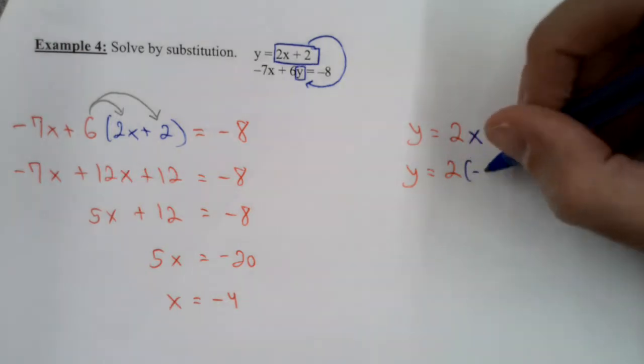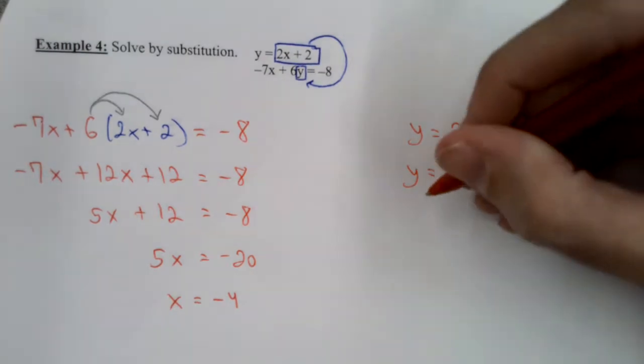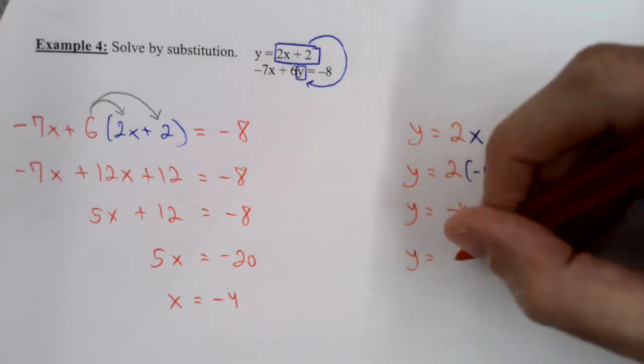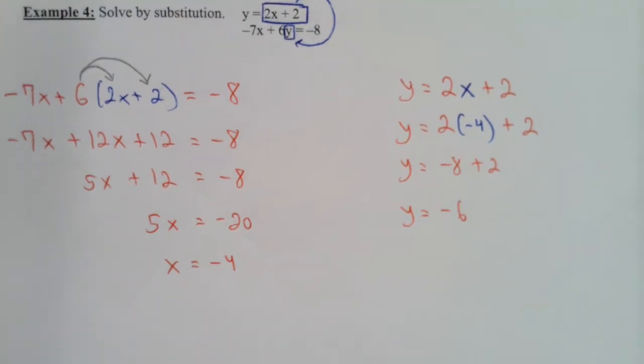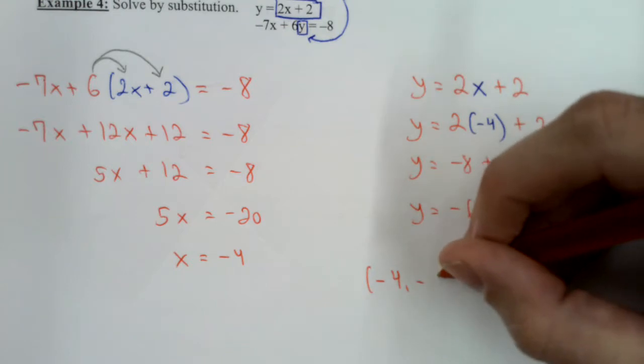So substitute negative 4 in for x. Solve that. y equals negative 8 plus 2. y equals negative 6. And again, write your final answer as an ordered pair, parenthesis, x comma y.